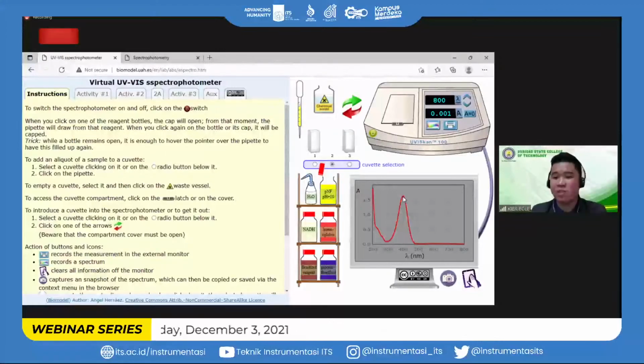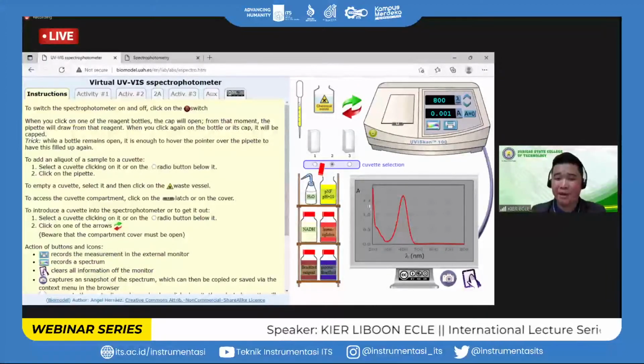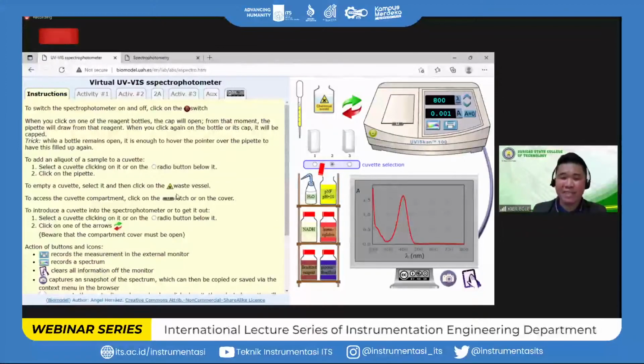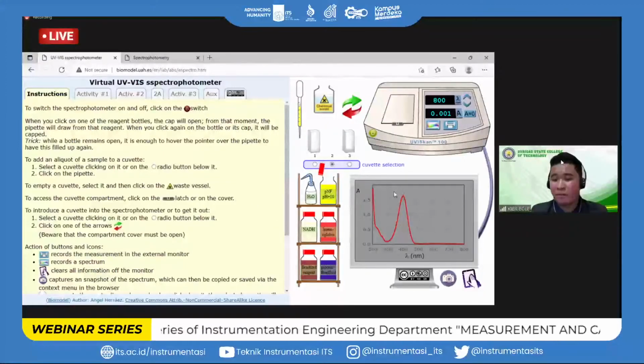And we will use that lambda maxima in order to determine the absorbance reading of each sample.